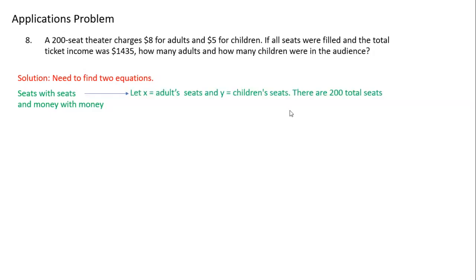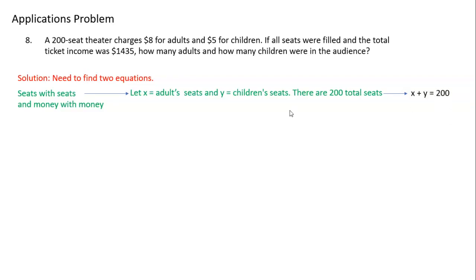Okay. So here we're going to say that the adult seats are X and the Y seats are labeled for the children. Now we know that there are a total of 200 seats, so that means that X plus Y should equal the 200 seats. Okay, so that would be my first equation.